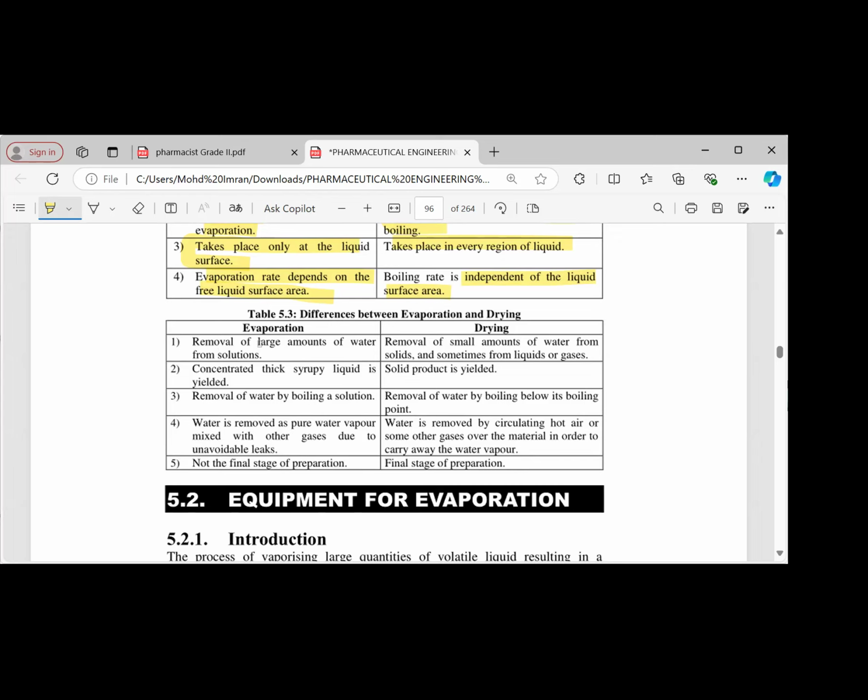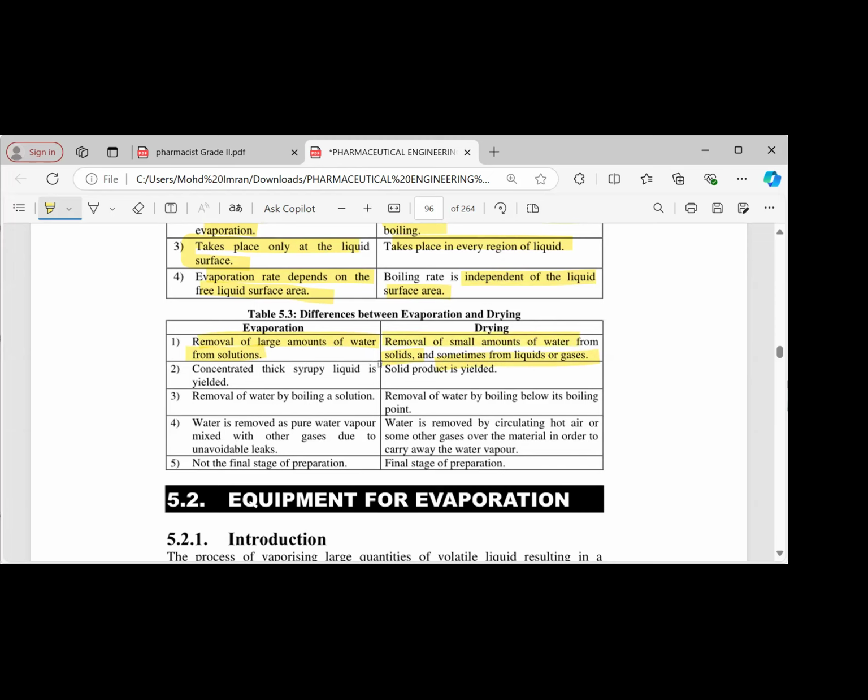Look, evaporation is the removal of a large amount of water from the solution, whereas drying is the removal of all the water and converting into a solid or liquid or glass. That's important. Small amounts of water are removed and it converts into drying.